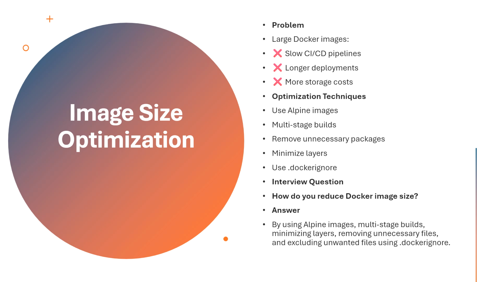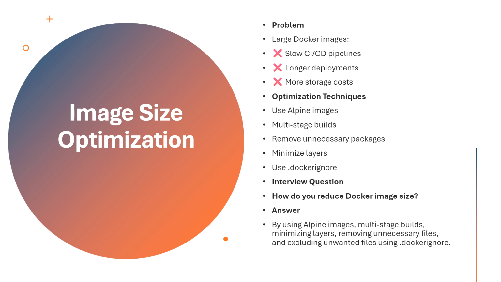Optimization can be done by using Alpine images and multi-stage builds, by removing any unnecessary packages, and by reducing the number of layers. We can also use dockerignore for that. The question generally asked is: how do you reduce Docker image size?